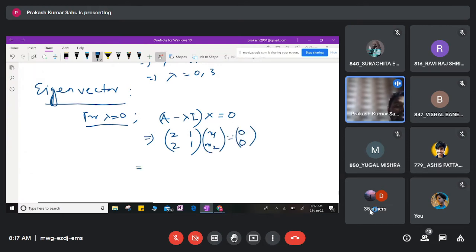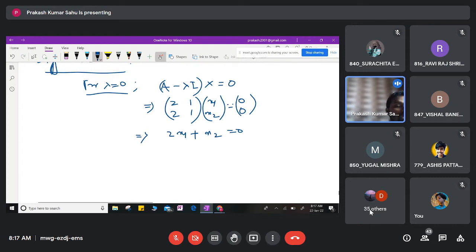So you'll get 2x1 plus x2 is equal to 0, because both equations are the same. Yes or no? Both equations are the same, therefore I wrote one equation. From this equation, x2 is equal to minus 2x1.